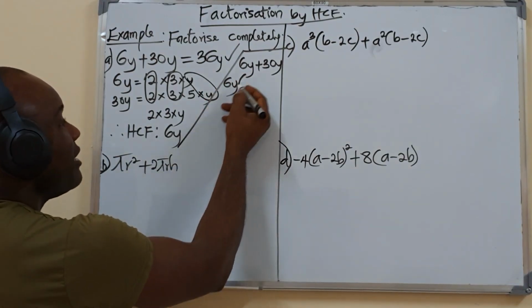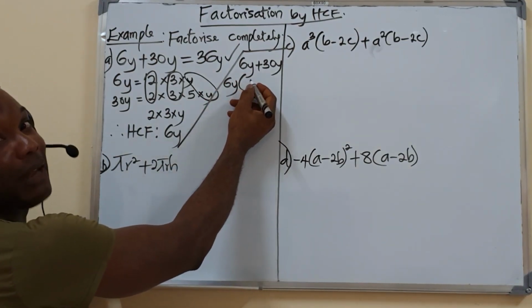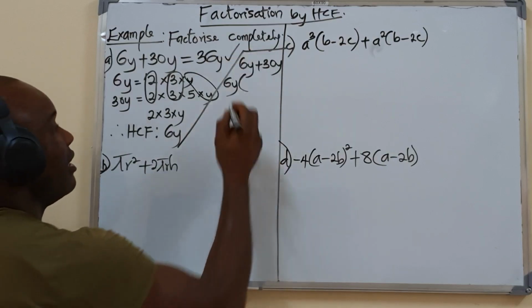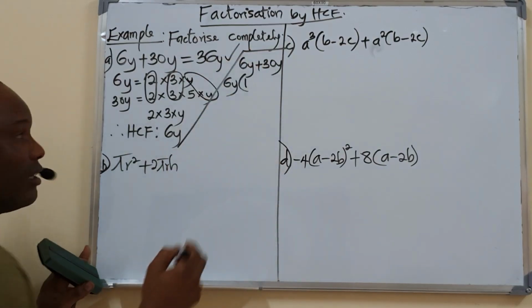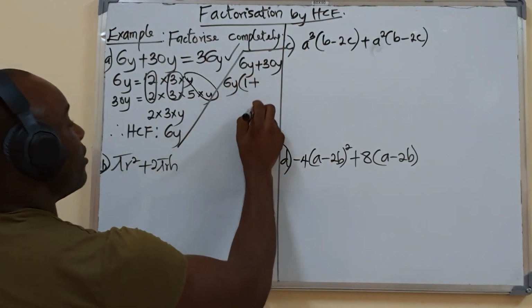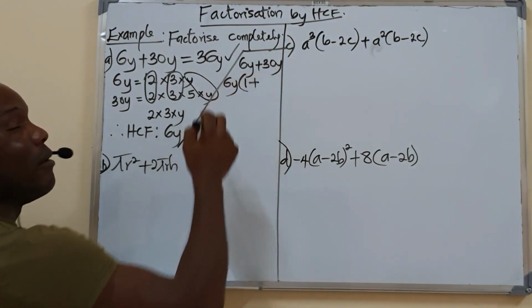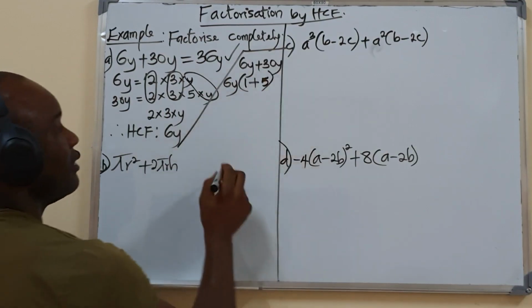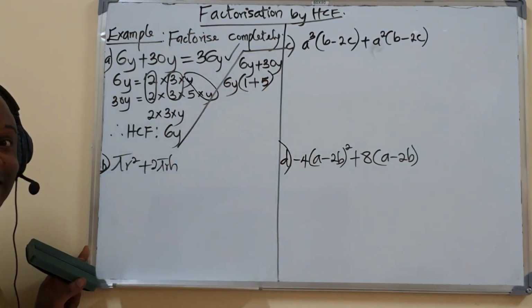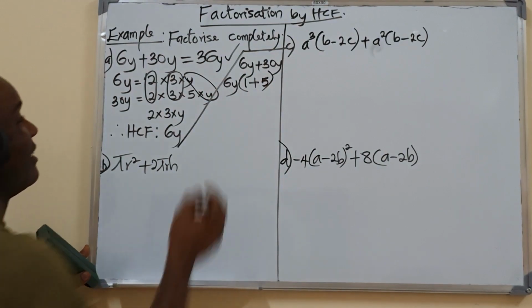By how many places will 6y multiply something to give me 6y? It's just one place because 6y multiplies 1 will give me 6y. Then by what number will 6y be multiplied to give me 30y? The number is 5.